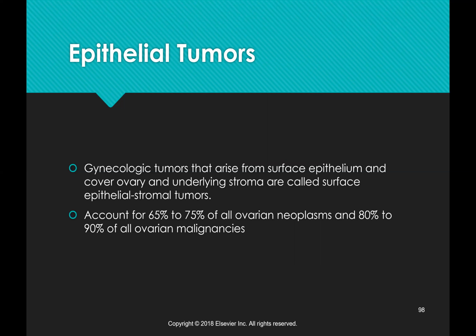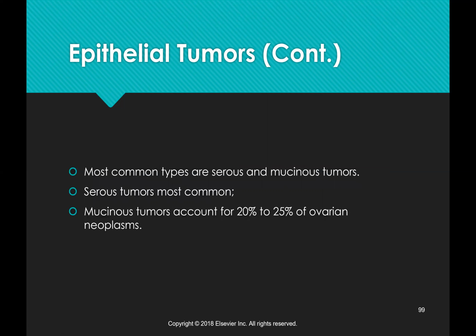So there can be a benign type of epithelial tumor, and there can be a malignant type. The most common types are serous or mucinous. The serous tumors are the most common, so I want you to know that. The mucinous tumors account for 20 to 25% of ovarian neoplasms, so quite a few. You don't need to know percentages because it'll overwhelm you, but you do need to know that the serous and mucinous are the most common, especially the serous, which is just a little bit more common.